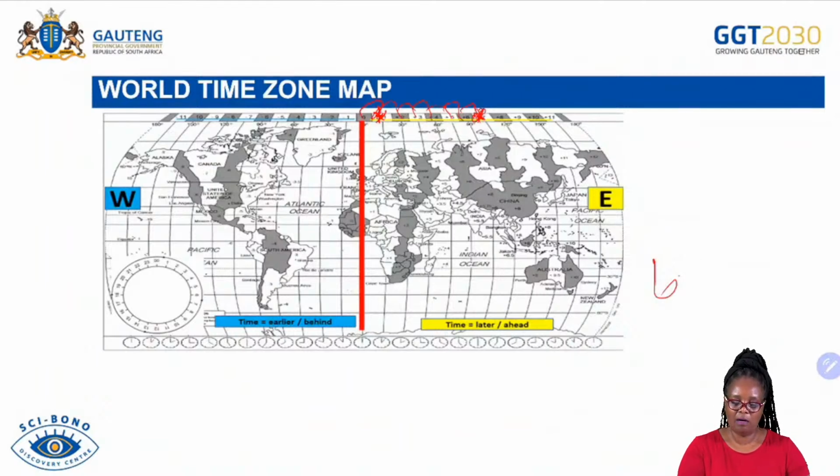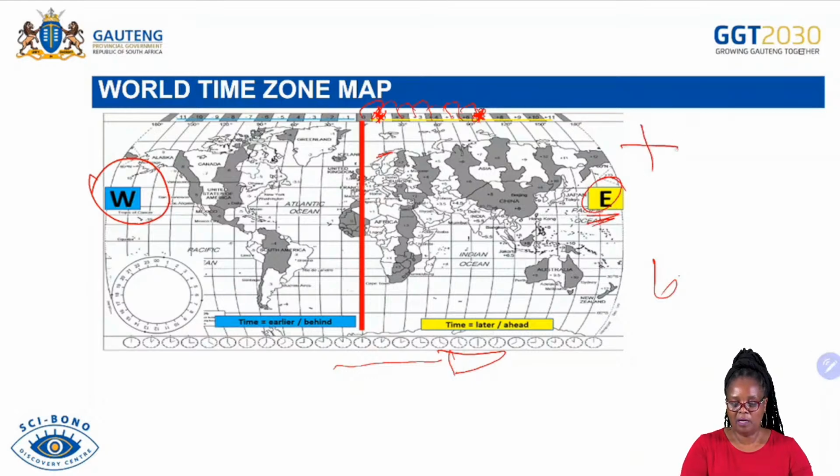Here is our Bangkok. We move from the western side to the eastern side. Bangkok is on the eastern side of London. So if we move there, it means we add.